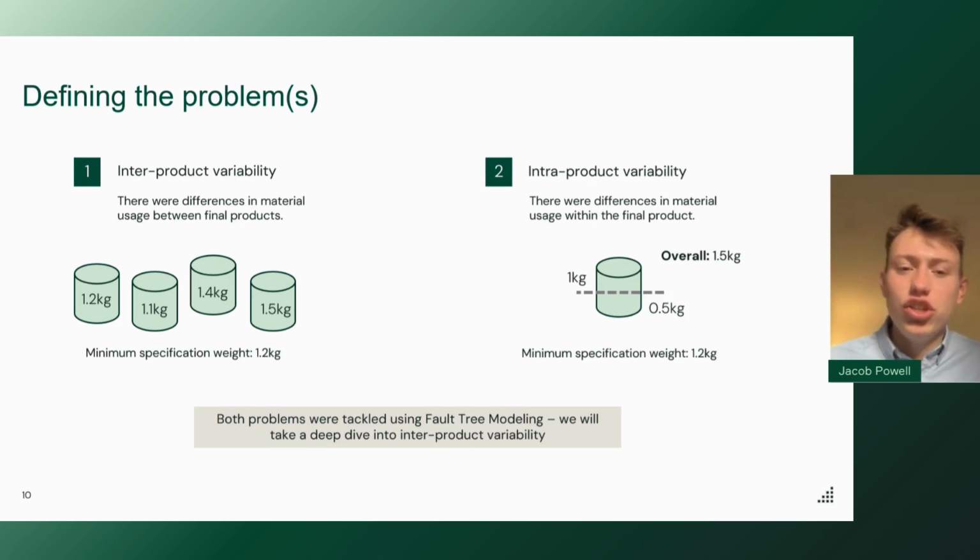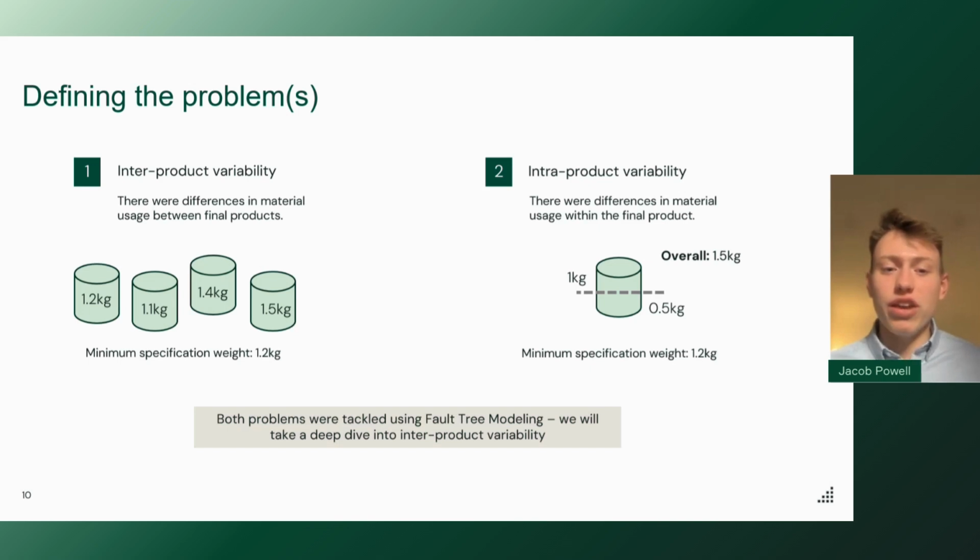If we split it in two, into 2 separate parts, right down the middle, and we weighed both of them, one of them would weigh 1 kilogram and the other one would weigh 0.5 kilograms. Now, if there was even distribution of material usage within the final product, you would expect that these two halves should weigh the same, but they don't. And that is because of this intra-product variability that we saw on site.